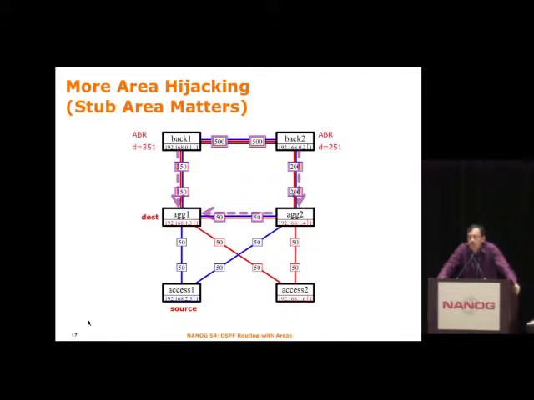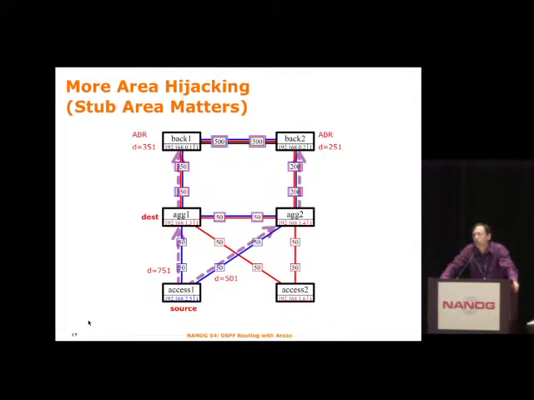So they compute their distance to the red stub in the red area by looking at their shortest paths. And then the source computes in the blue area its routes to the ABRs plus the ABR distances. So it sees the route to back 1 plus the distance of 351 that back 1 advertised, and gets its distance of 751, or it can see the route going up through back 2 plus back 2's advertised distance.